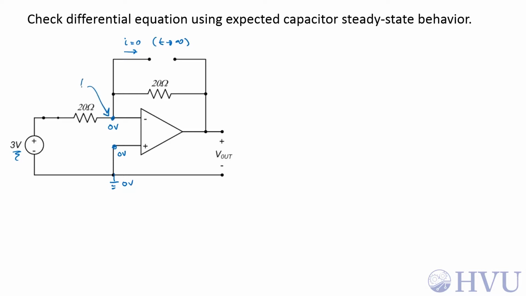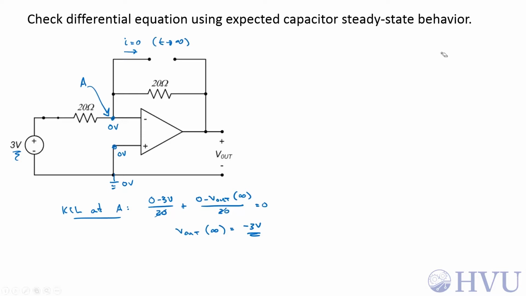So if this is node A, KCL at A says that 0 minus 3 volts over 20 plus 0 minus V out as t goes to infinity over 20 is equal to 0. Multiplying through by 20, V out as t goes to infinity is equal to negative 3 volts. Now let's check that against our differential equation. The differential equation we got previously was dV out by dt plus 1 over 40 V out is equal to minus 3 over 40.